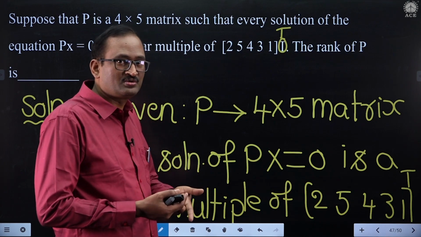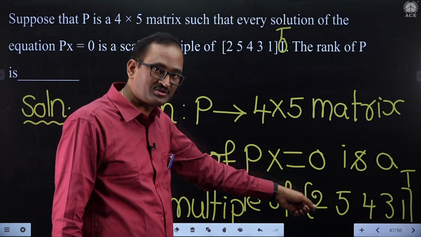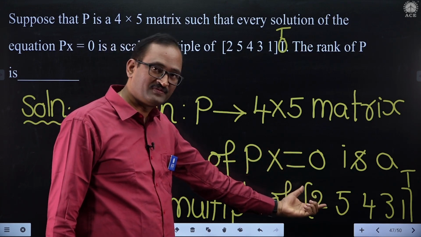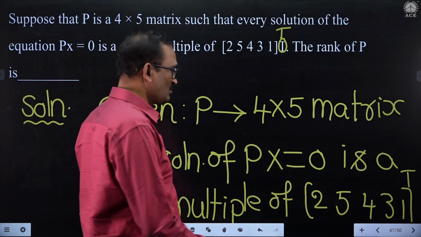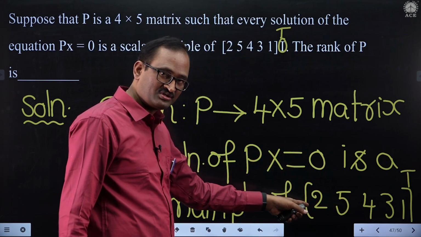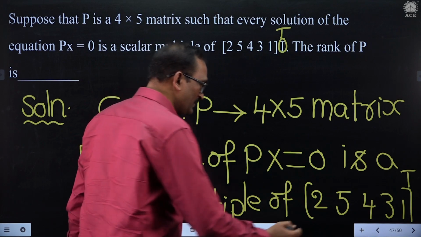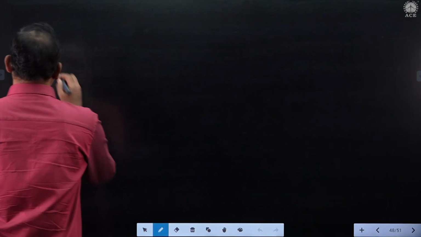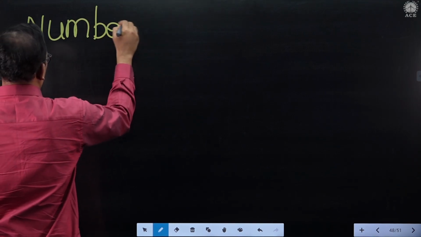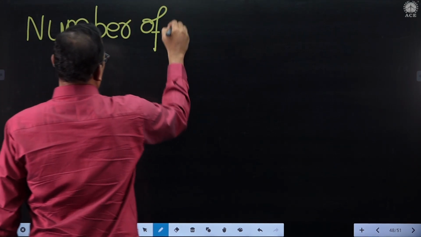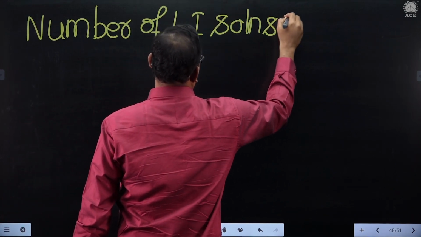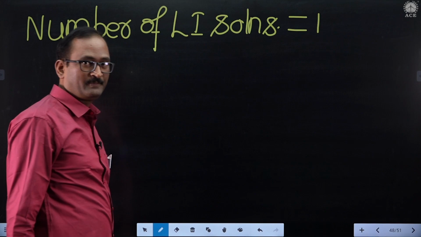Rest of all other solutions are dependent upon it, because they are constant multiples of this. So the number of linearly independent solutions must be 1.